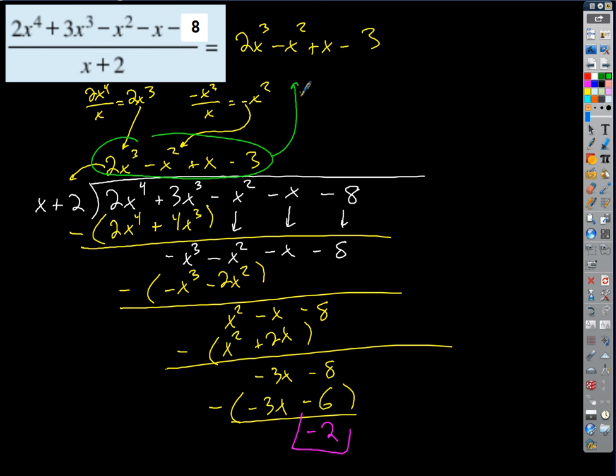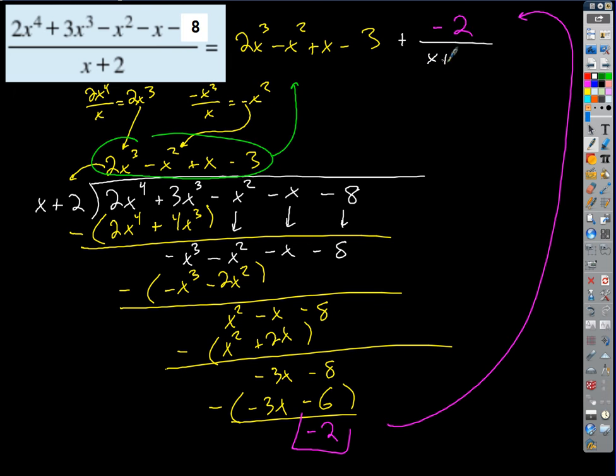Now what? Where's the remainder go? So there's my negative 2. Good, that's going to go on top. And what's it remain over? X plus 2. Okay, so there's my final answer. Right?